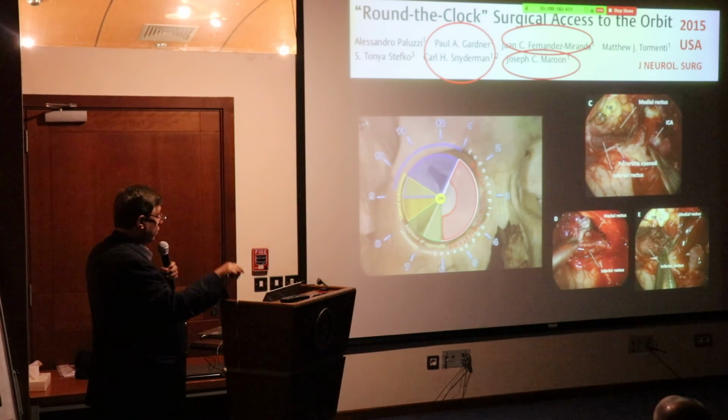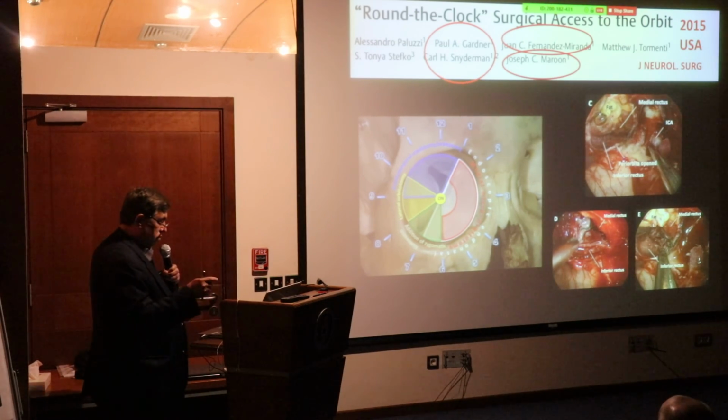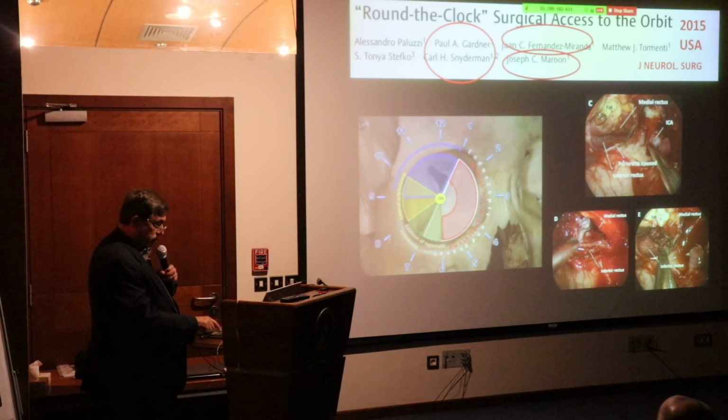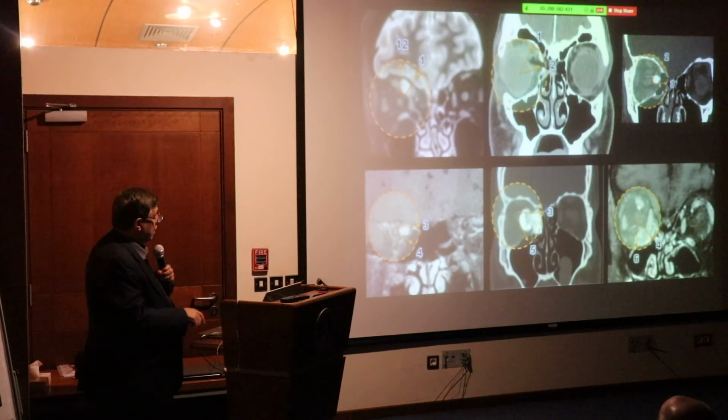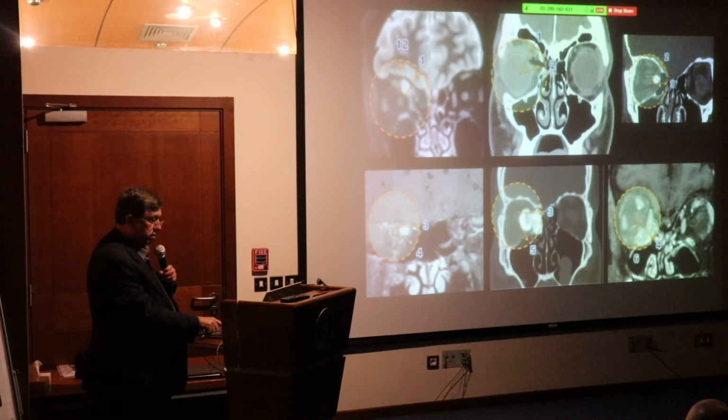So they can go around the orbit using the endoscope. So not only microscopic surgery, but also endoscopic surgery. So this is how they deal with the endoscopy of various orbital lesions, including leptomeningeal cysts.